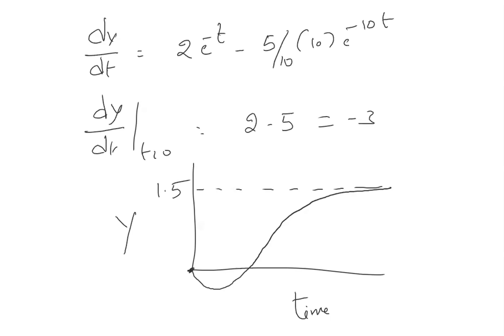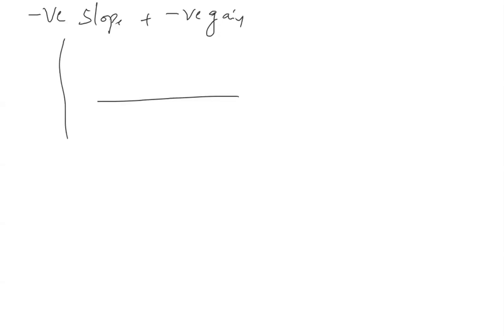Negative gain means, suppose we have negative slope and negative gain. If you plot something like this, negative slope plus negative gain, this is how the response looks.